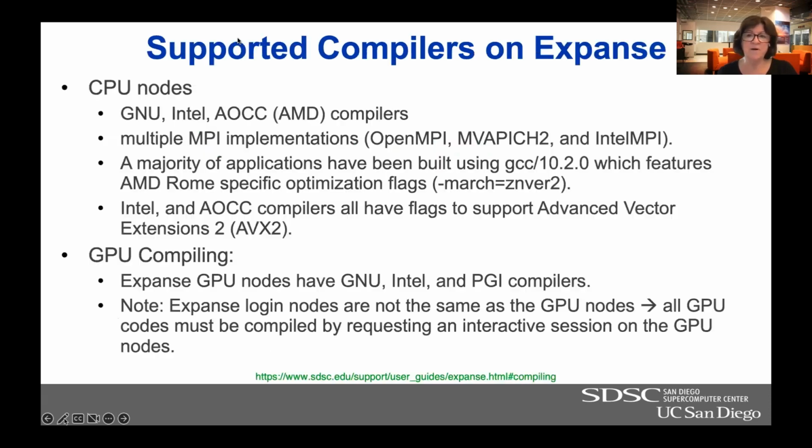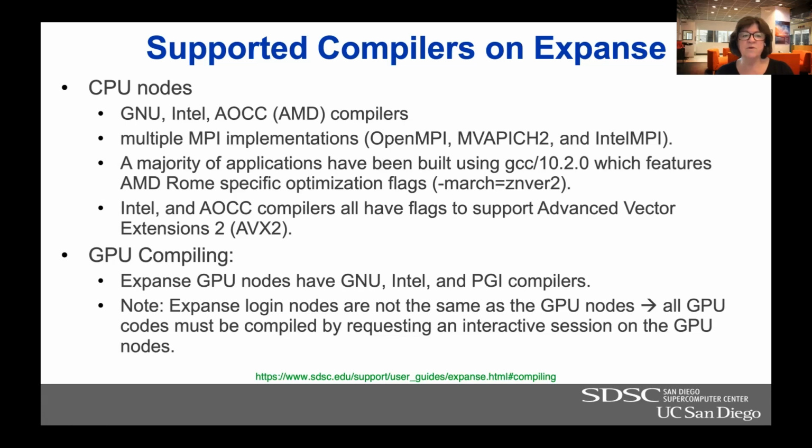All right, let's look at compiling and linking code. So there's CPU and GPU nodes. And for CPU, we have the full suite: GNU, Intel, AOCC. AMD has their own compiler, and there are some cases where it might be the preferable compiler. You really have to experiment with the compilers to see which one is best for your application.